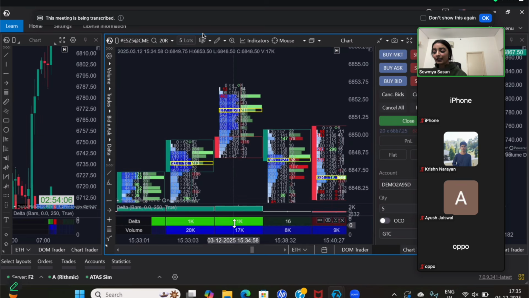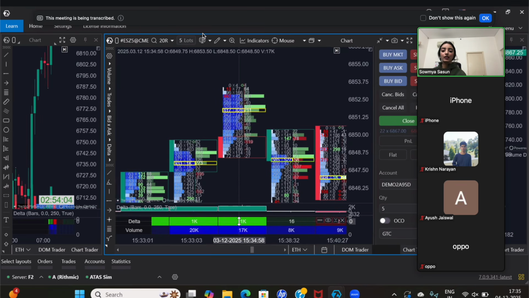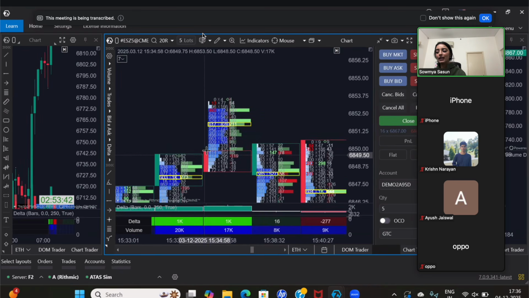This is 1k buys, 1000 buys. The k gives me a lot of conviction, because it's not a small delta. Even after having 1k extra buyers, positive delta, the price closed bearish.